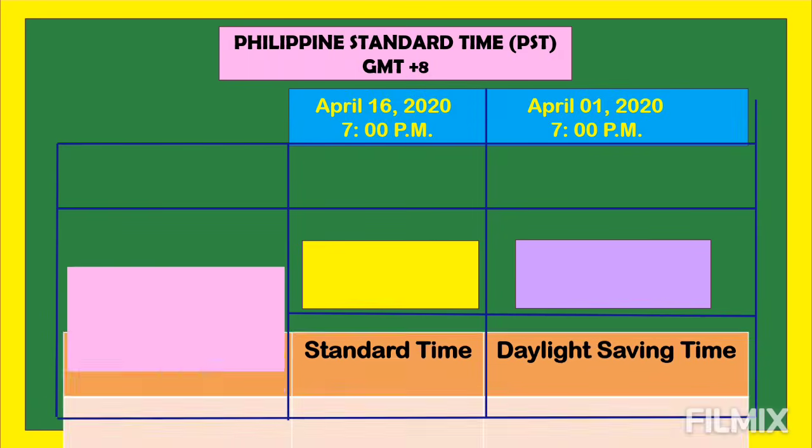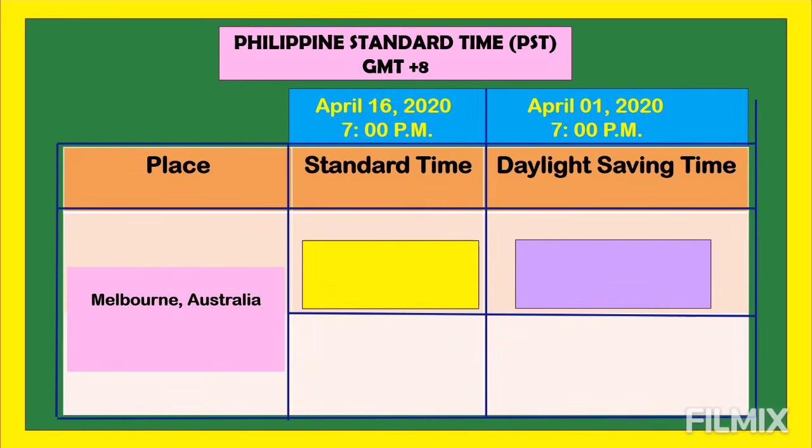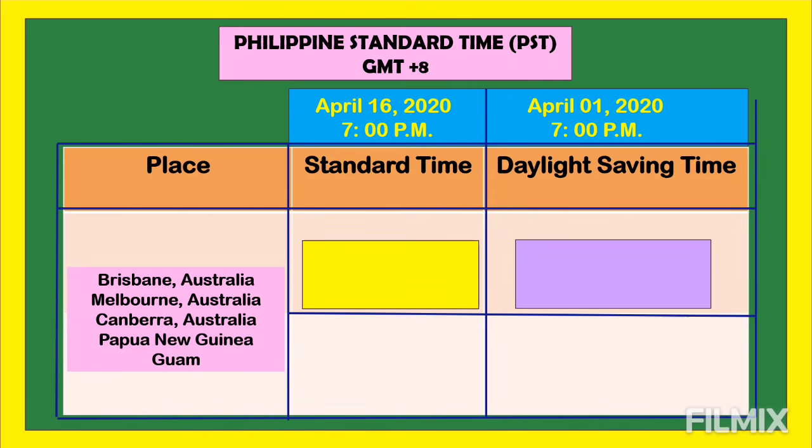Okay guys, next is from Melbourne, Australia, Brisbane, Australia, Canberra, Australia, Papua New Guinea, and Guam. If you have some friends, relatives, and loved ones working or living there, their time zone is equal to GMT plus 10. So, they are 2 hours ahead of the Philippine time.